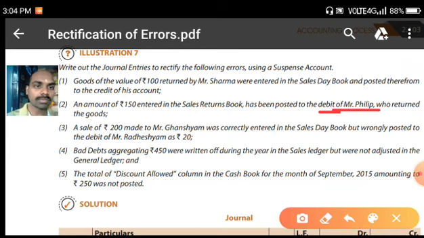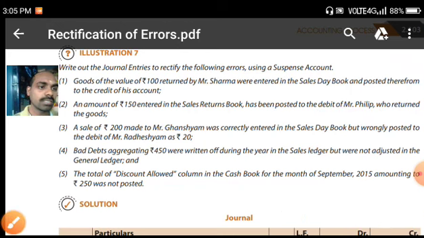One mistake is that it should be credited, but it has been debited, and to rectify that we need to credit 150 one time. Actually Mr. Philip should be credited, so 2 credits, that is why we need to take the double amount.